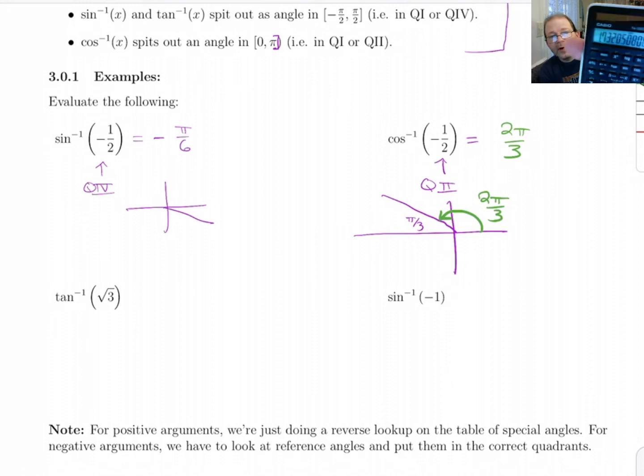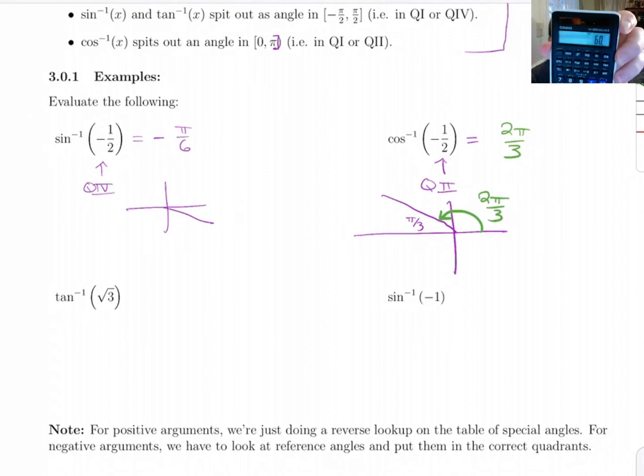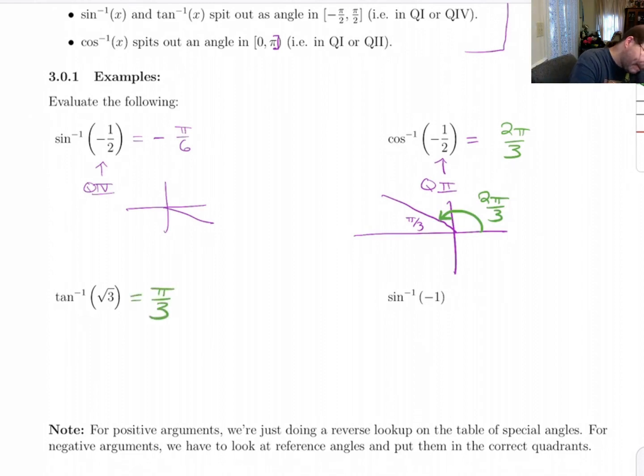So I put in square root of 3, take its inverse tan, and it gives me 60. Now, I want to give my answer in terms of radians. So 60 degrees is pi over 3. I'm going to put in another problem down here. If we had inverse tan of negative root 3, that would just be negative pi over 3.